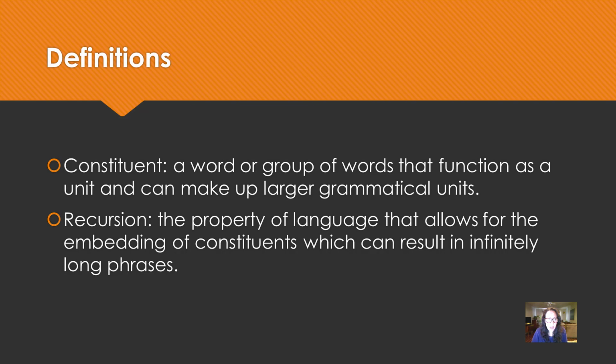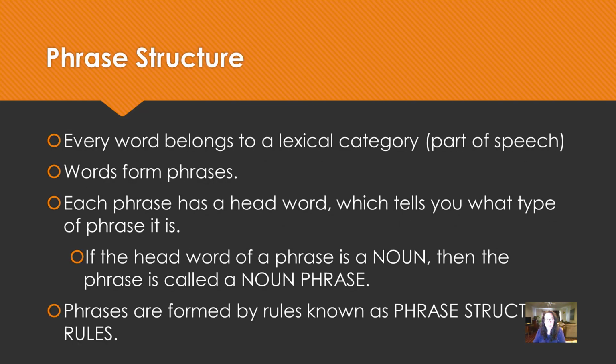And then inside the prepositional phrase, that's made up of a couple of constituents, a preposition and a noun phrase. So the idea is that we've got a larger noun phrase that's made up of a prepositional phrase, and then that is made up partially of a noun phrase. So that's the idea of recursion. And we can keep embedding more structures inside of more structures, and we can basically do that forever.